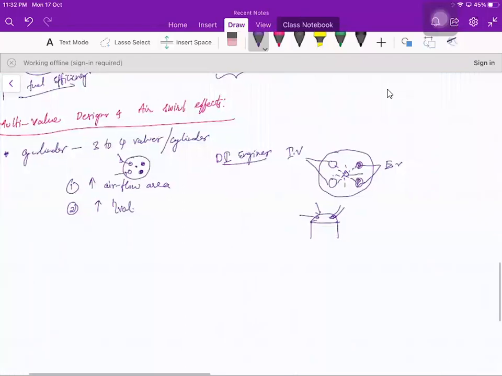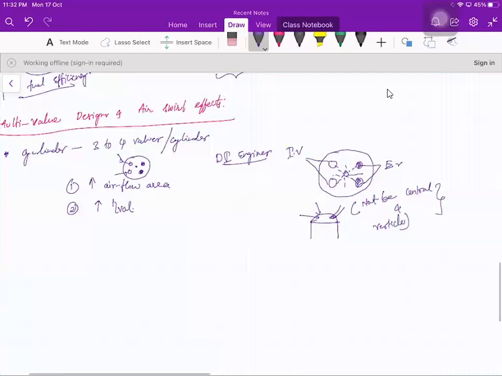So it will not be exactly central and vertical. With this orientation, there are a few effects. The effect of injector inclination has an effect on the particulate matter. We'll see how that is.